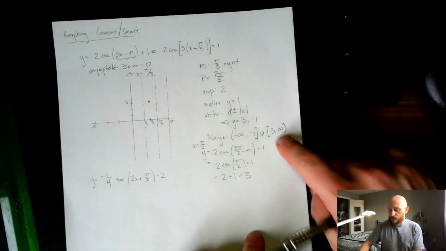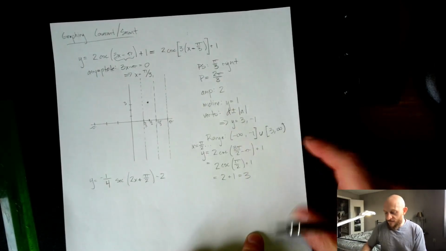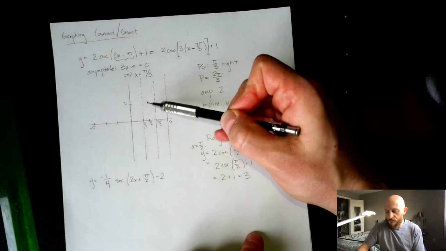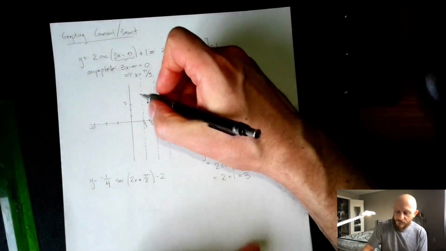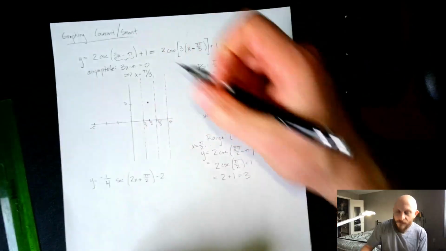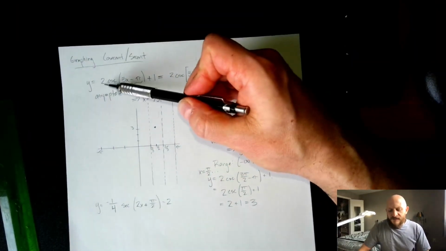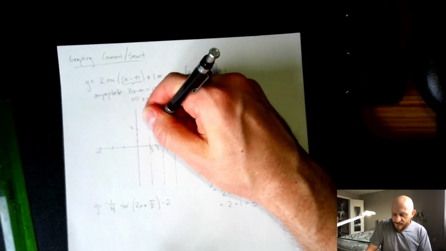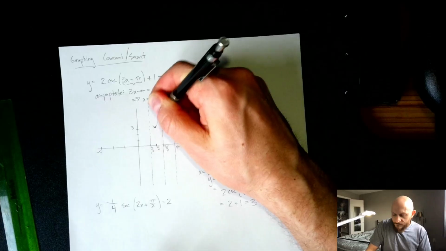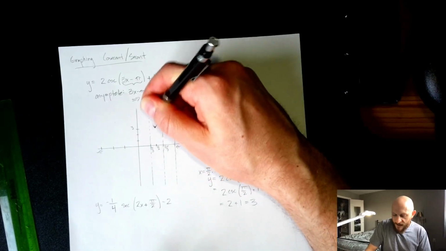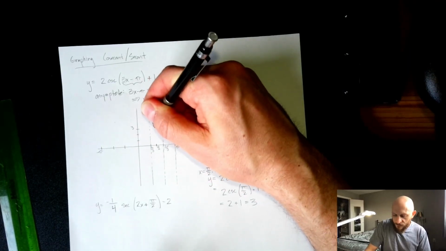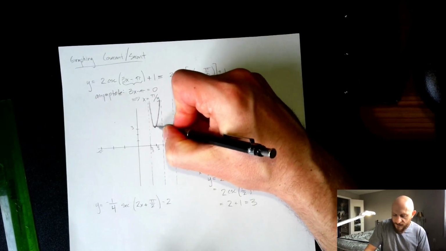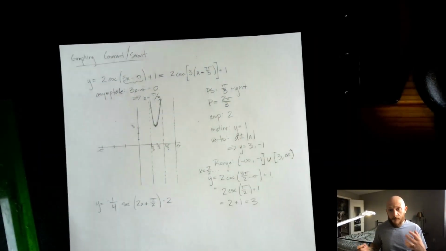You could also deduce that from the range: there's nothing between -1 and 3, that's not part of the range, so this must be upward facing. And because this has this 2 out front, I might make my u kind of steep, something like this, to represent the vertical stretch factor. So there's one part of it.